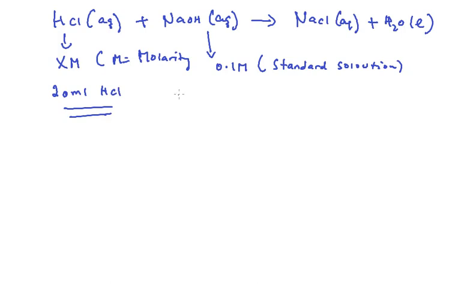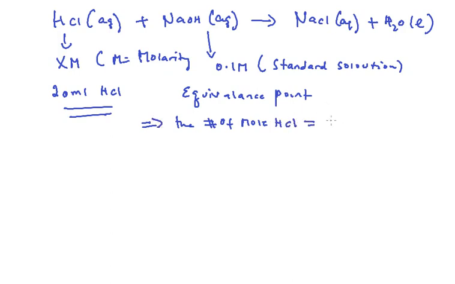One of the basic concepts here is that we need to determine what is equivalence point. Equivalence point is a point at which the number of moles of an acid, which is the number of moles of hydrochloric acid in this case, equals the number of moles of sodium hydroxide.